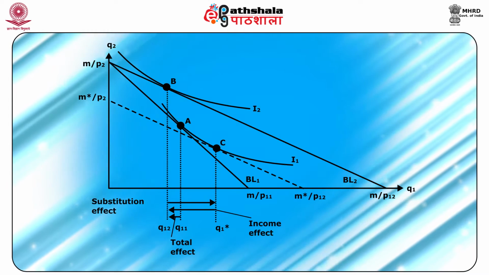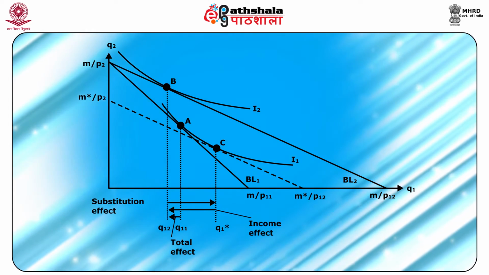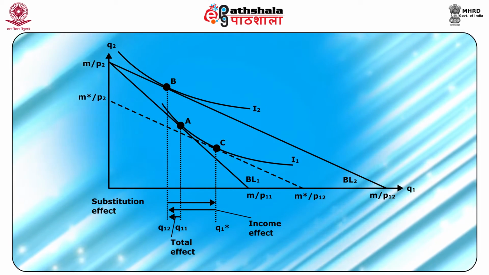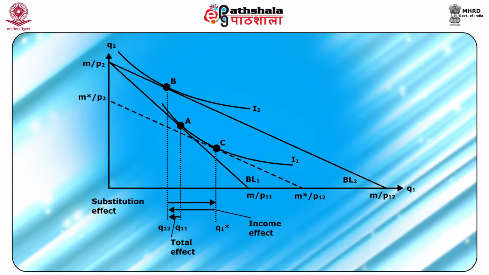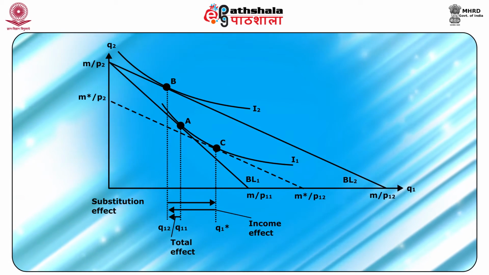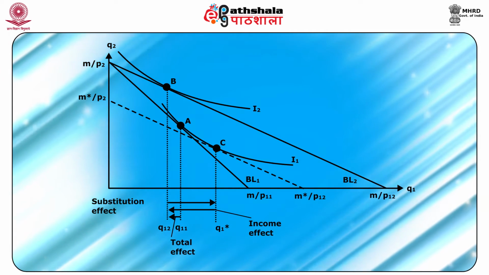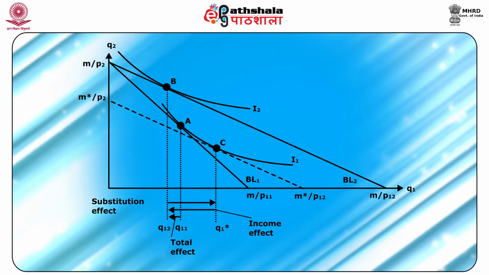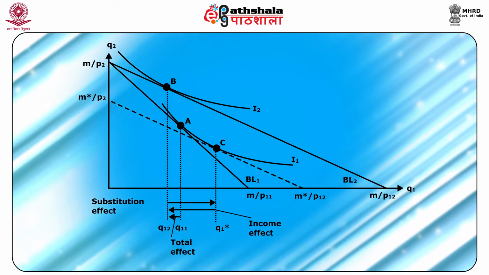What happens at BL2 is that the real income has increased, but the commodity X is an inferior good, a peculiar inferior good, because the income effect is not only negative, but it is larger than the substitution effect. Please remember that the substitution effect was from Q11 to Q1 star.